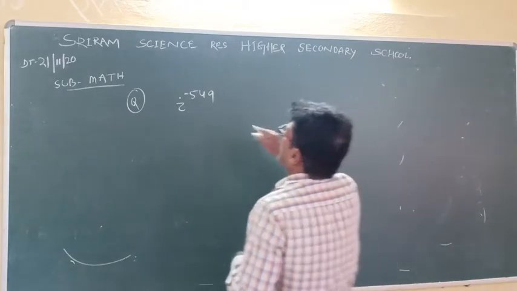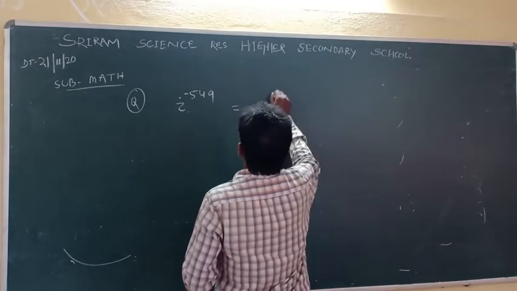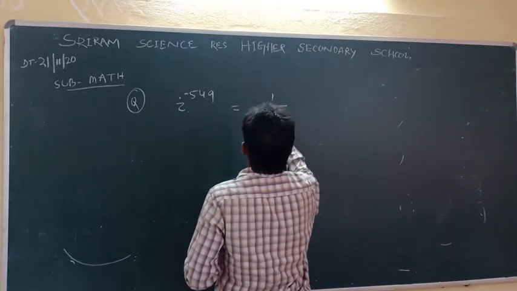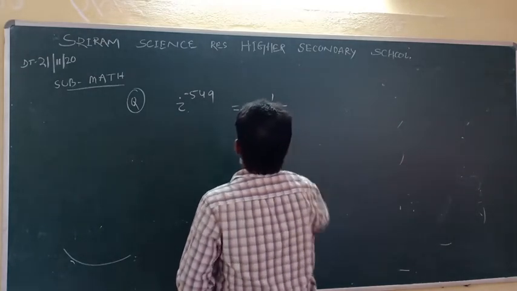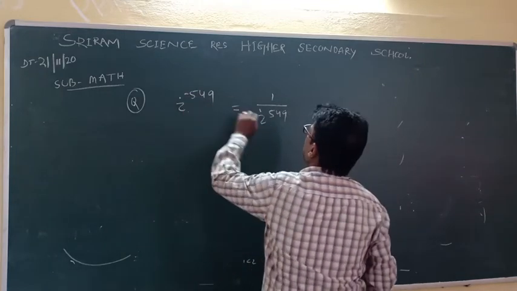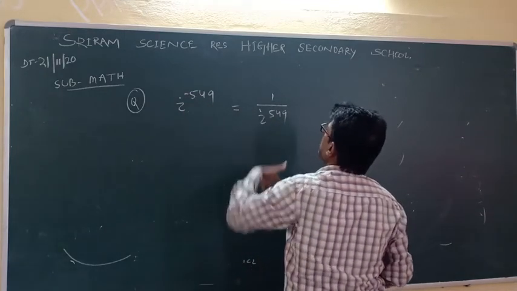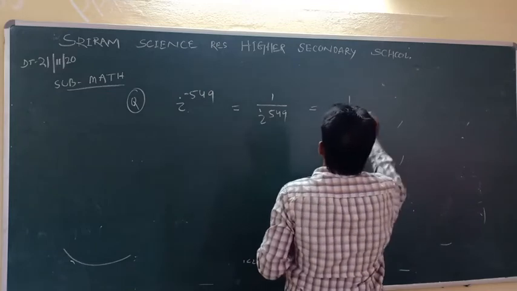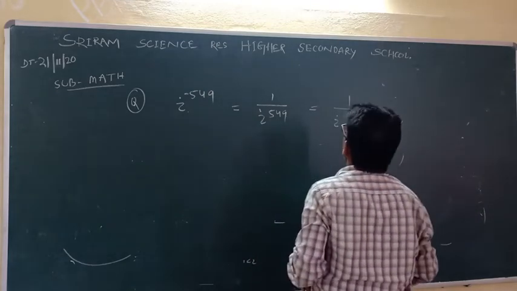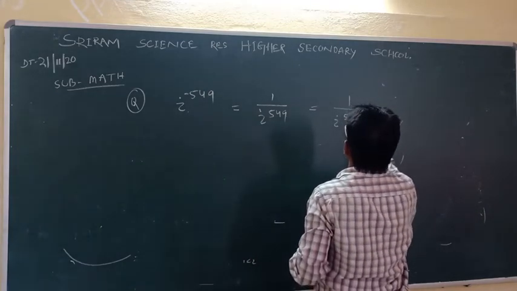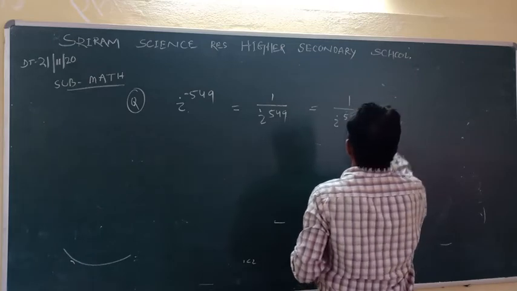Okay, now i to the power minus 549 becomes 1 by i to the power 549. First you write it so, because the minus power becomes plus in the denominator. Now you can write i to the power 548 into i.